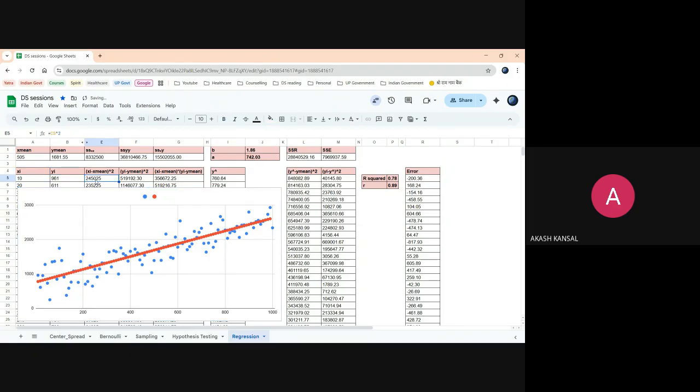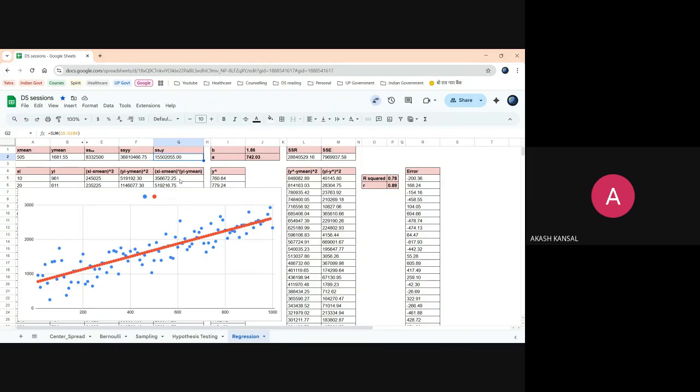Now, I calculate the sum of squared errors of xx, which is the sum of (xi minus x mean) squared, and similarly for y. Then I calculate the sum of (xi minus x mean) times (yi minus y mean), which is SSxy.